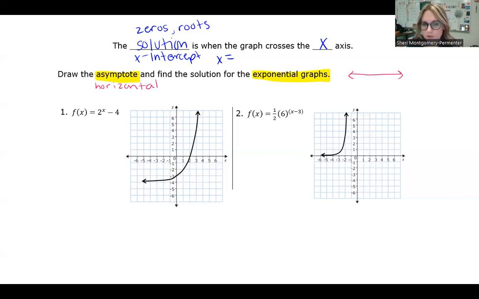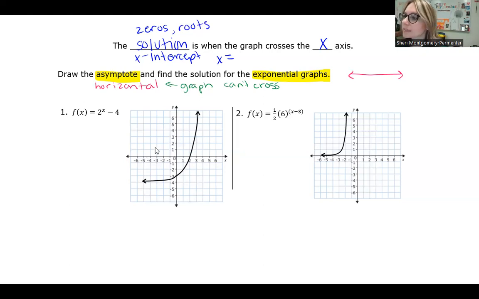So that's important to know. Your graph can't cross the asymptote. So for the first one, if I put that asymptote right here at 0, I'm going to cross the graph. That is not okay.